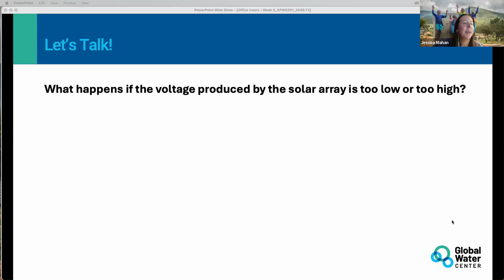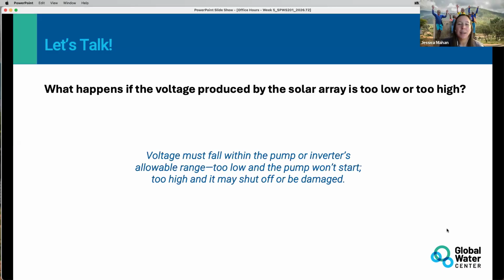Okay. So voltage is one of the limits that we have to pay attention to, because the pump or the inverter is going to have trouble if we're outside of that range. It has a sweet spot where it can operate, and if we don't have enough, then it's likely not going to start.